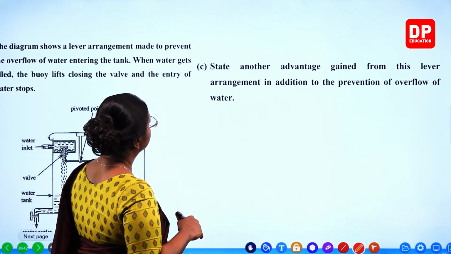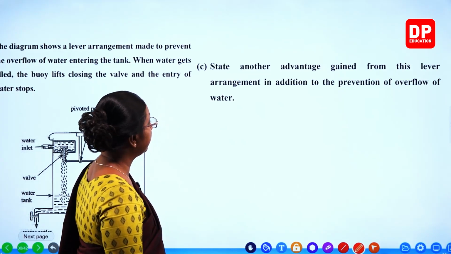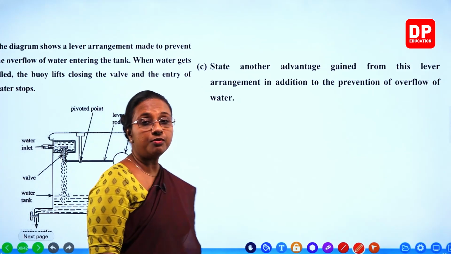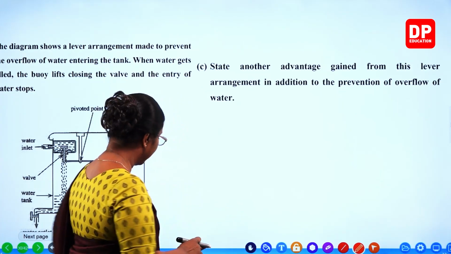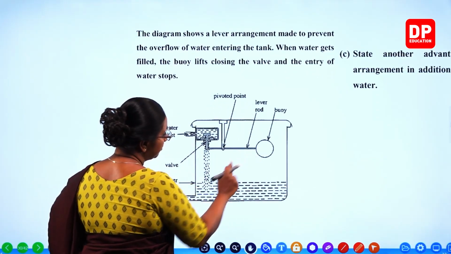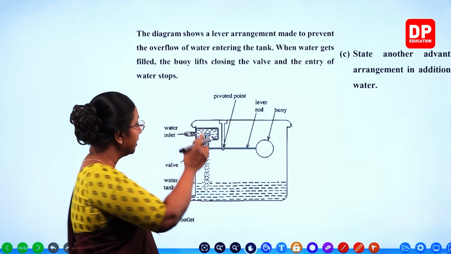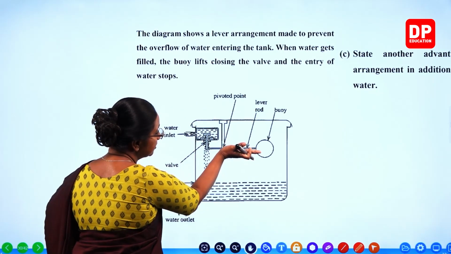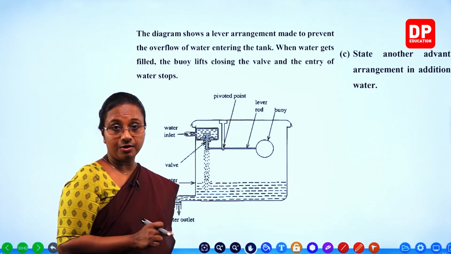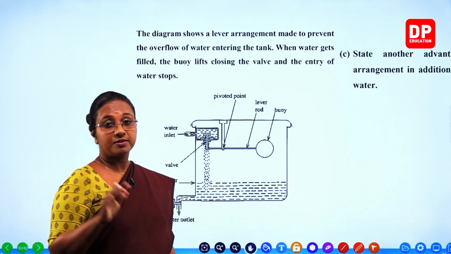Then the next part. State another advantage gained from this lever arrangement in addition to the prevention of overflow of water. So like I explained to you all, you can remember, when the water fills up to a certain level, there is upthrust exerted, so the buoy will move up. Therefore, the lever rod will move up, and the valve will be pulled down. So it will block this entrance so that the filling of water will stop.